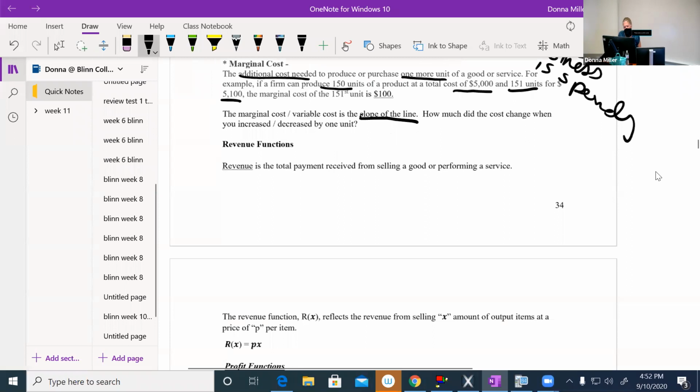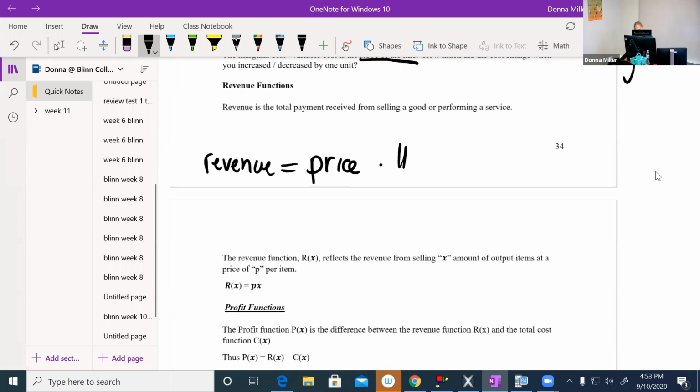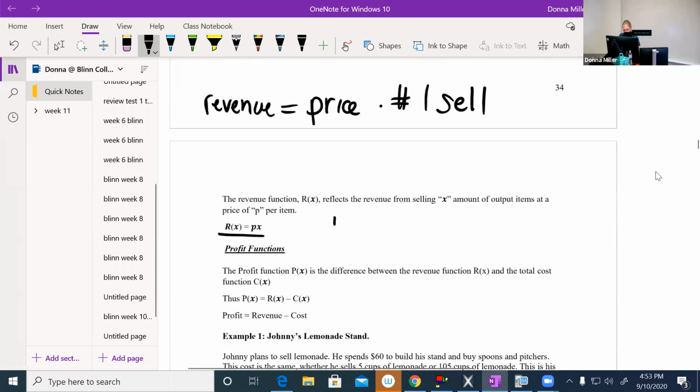Basically, revenue is the price that I sell them for times the number I sell. That's how much money I take in. Here, P is the price and X equals the number of items.